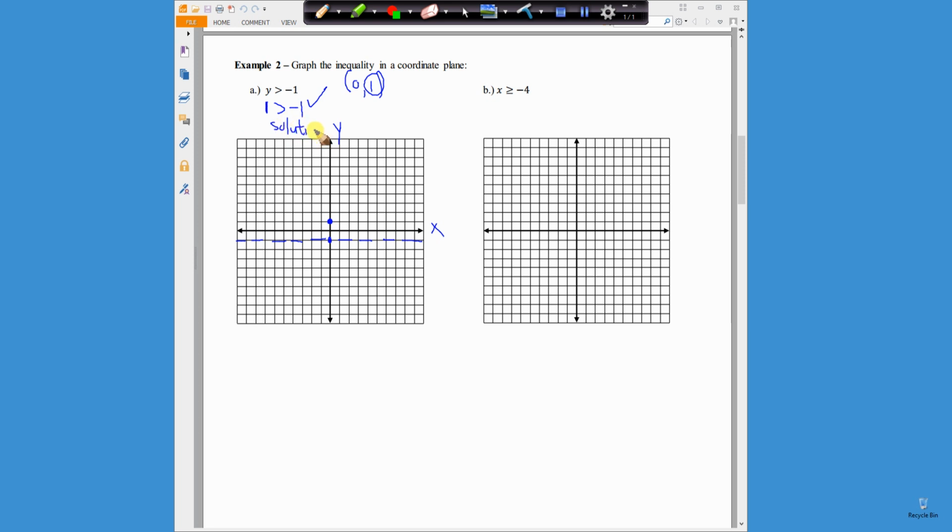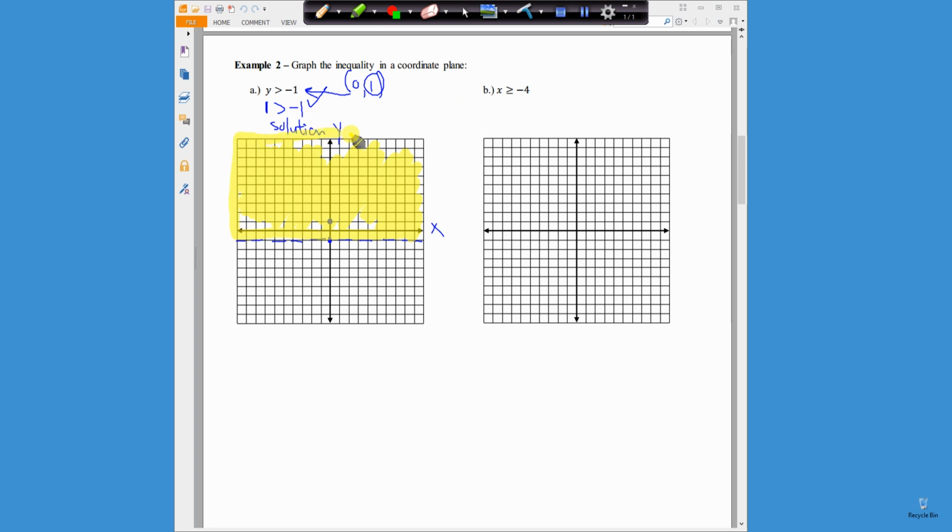This ordered pair here is a solution to the inequality, and so therefore I know that this is the area that I'm shading. So let me switch to a little highlighter here. This is the area that I'm shading.